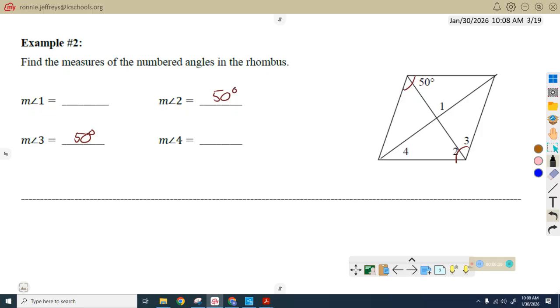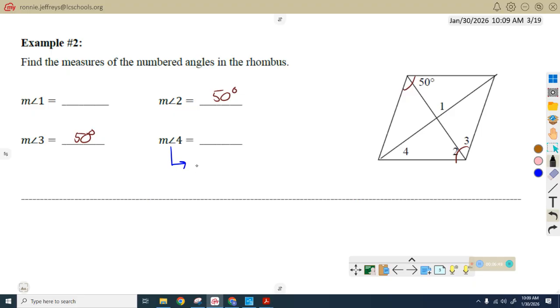Now, there's another one that's just as easy to find that measurement. Okay, how are we going to find the measure of angle 4? It's not 50. 100 minus 50. Yes, believe it or not, we can set it up that way. No, you said something totally different.